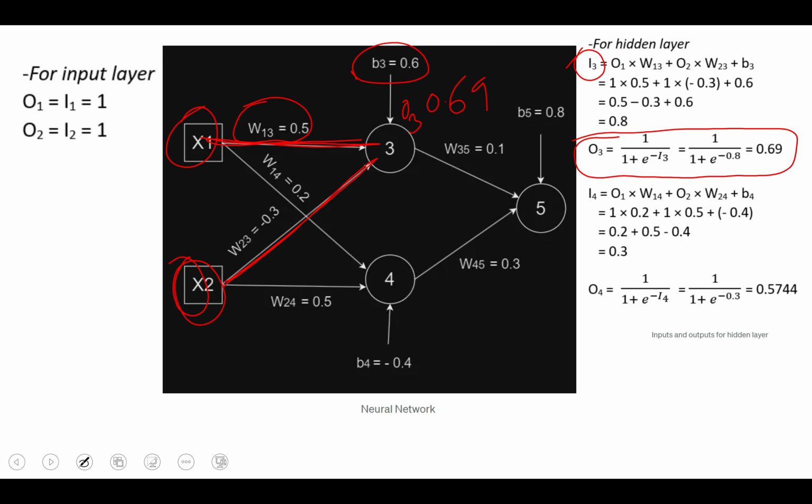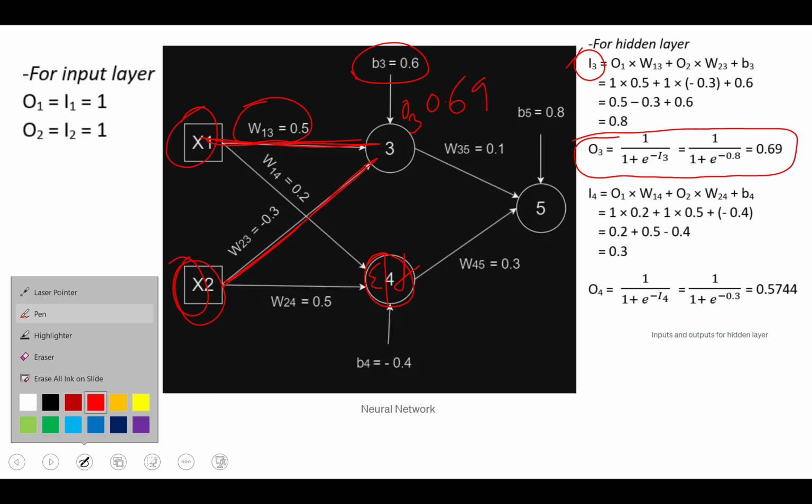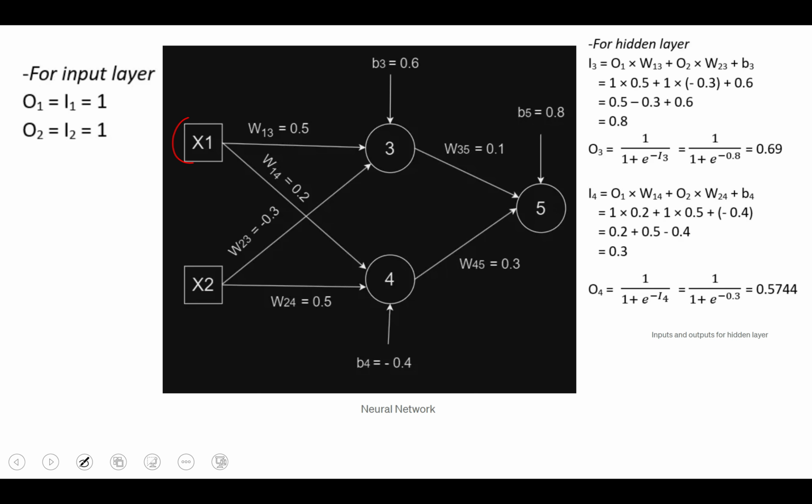In a very similar way we have evaluated for this neuron. First of all we will evaluate the weighted sum, and then we will apply the sigmoid function. So here also you can see what we will do: input multiplied by this weight plus input multiplied by this weight, it is written over here, plus the bias, then we will get the weighted sum.